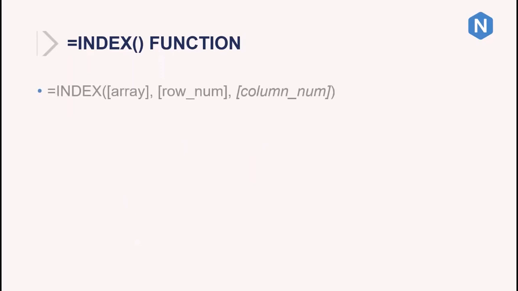What index will do is it will take an array of objects and it returns you the values from a specific row number and column number. It returns a value at an index, at like an address, okay? It's like an XY position and finds the exact property.